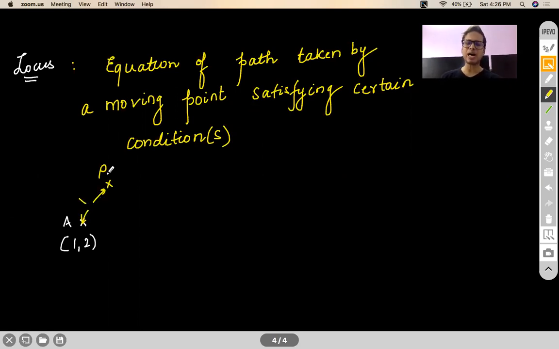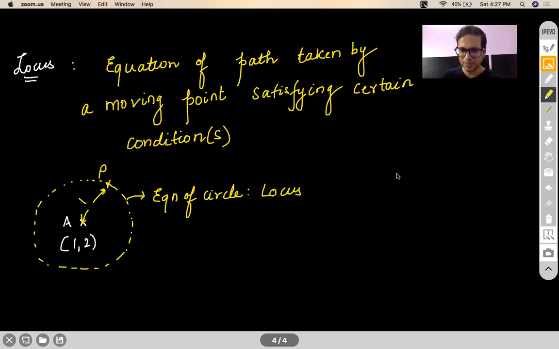Then what would be the path taken by this particular point? We'll say, sir, the path would be a circle, correct? So it would be a circle whose radius will be 1 unit and center will be (1, 2). So if I ask what is the locus of this path, you will cite the equation of the circle. So the equation of this circle would be your given locus.